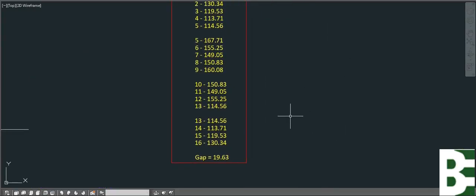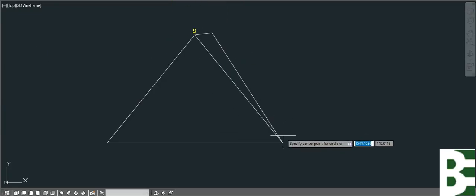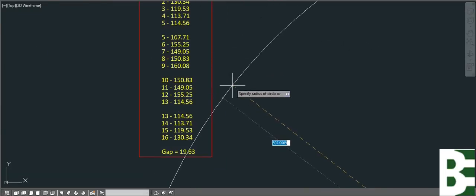Now I will draw number 7, 149 point something, 149 point.